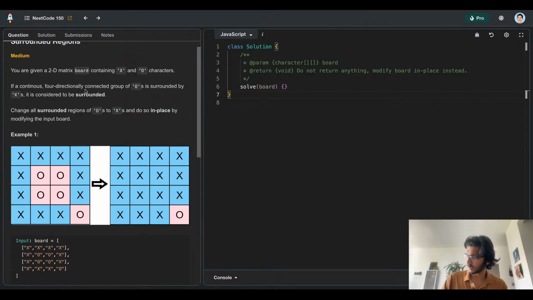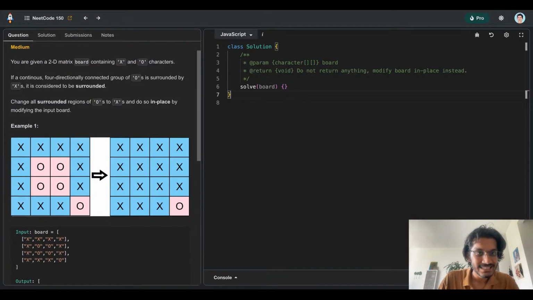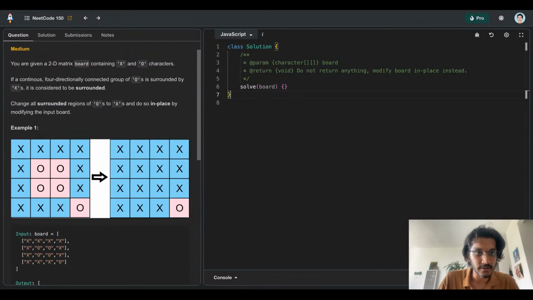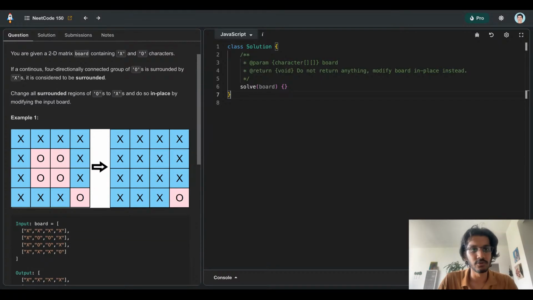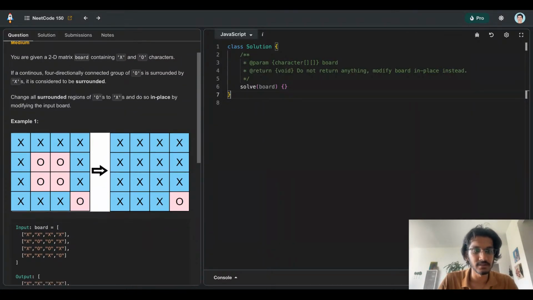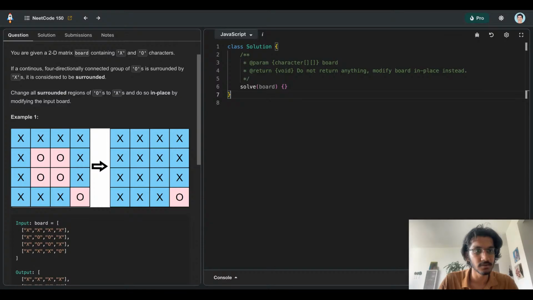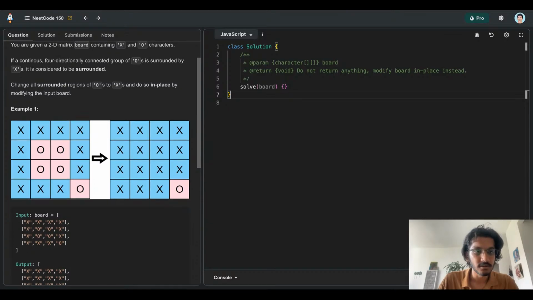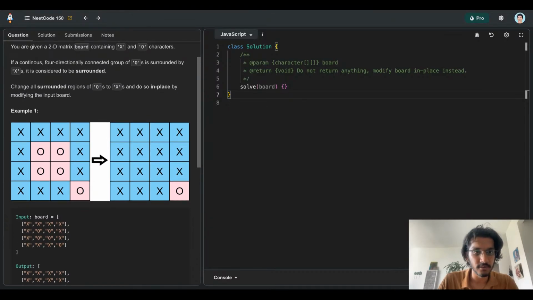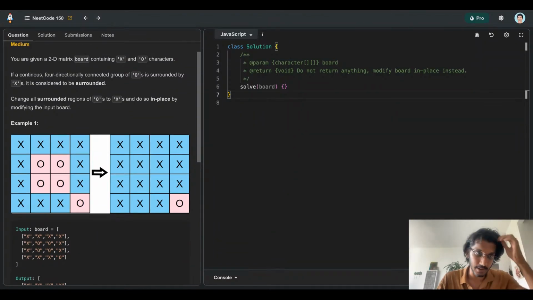Okay. You are given a 2D matrix board containing X or 0 characters. If a continuous 4-directionally connected group of zeros is surrounded by X's, it is considered to be surrounded. Change all surrounded regions of zeros to X's and do so in place by modifying the input board.